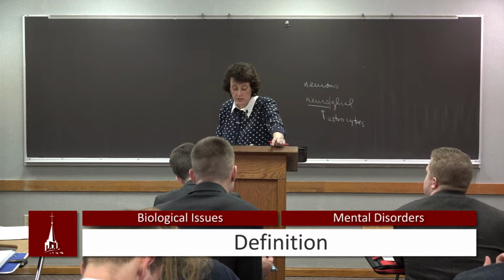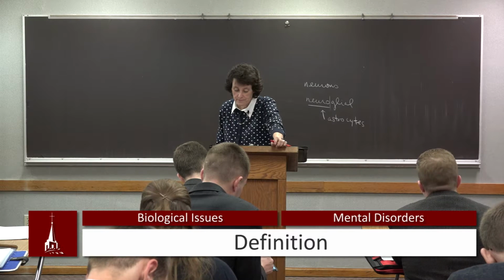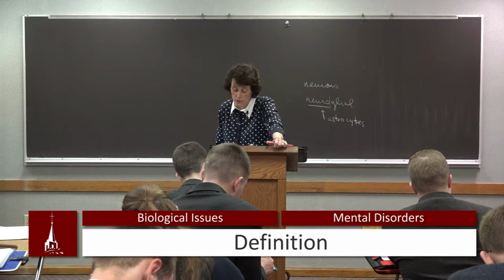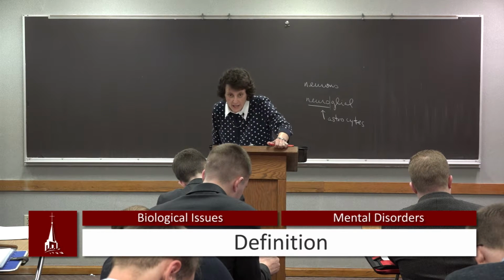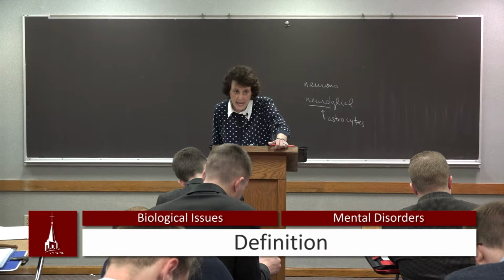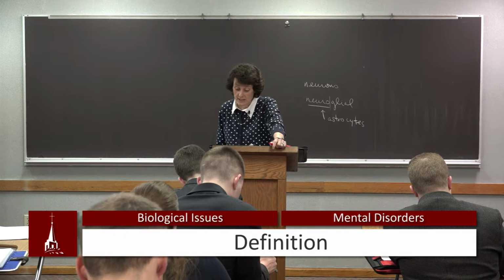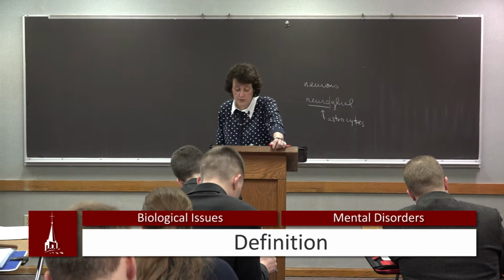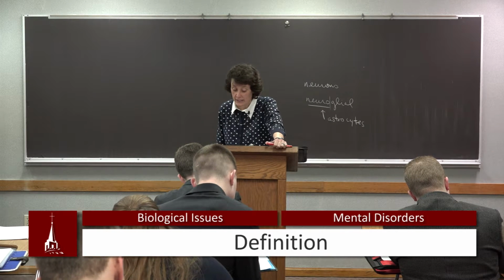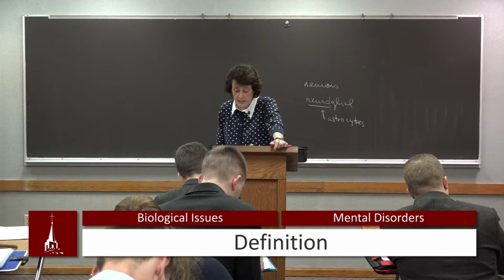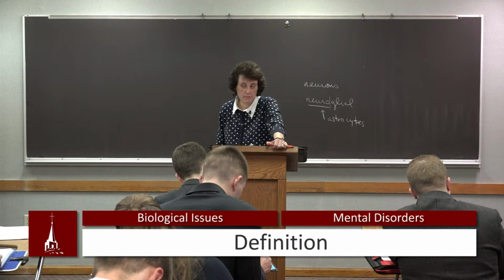It causes mild to severe disturbances in thought and or behavior. That's why I'm not calling it a disease of the brain, because it causes mild to severe disturbances in thought and or behavior, resulting in an inability to cope with life's ordinary demands and routines. We're basically talking about being dysfunctional.